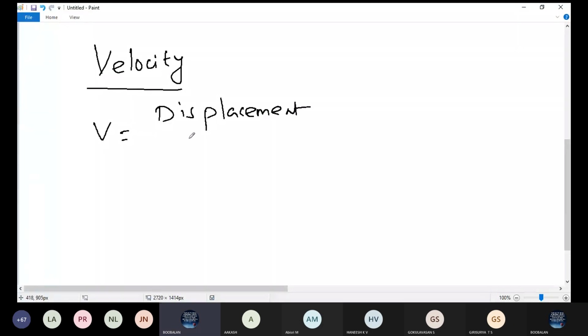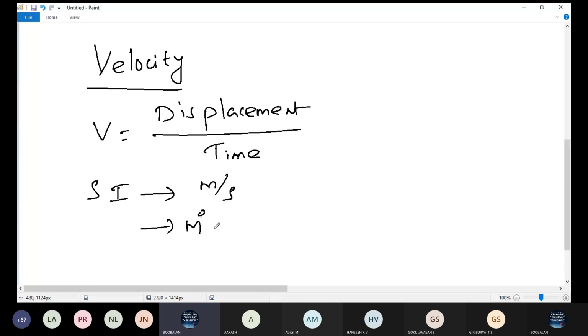The shortest distance between 2 places or 2 points. The SI unit is meter per second. Dimension formula: M power 0, L power 1, T power minus 1. Next, is this a vector or scalar? This is a vector quantity.